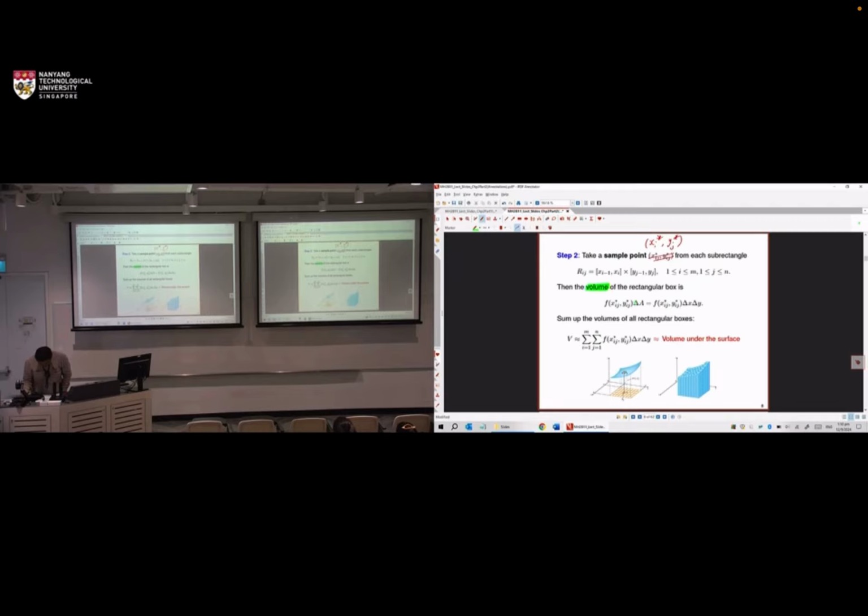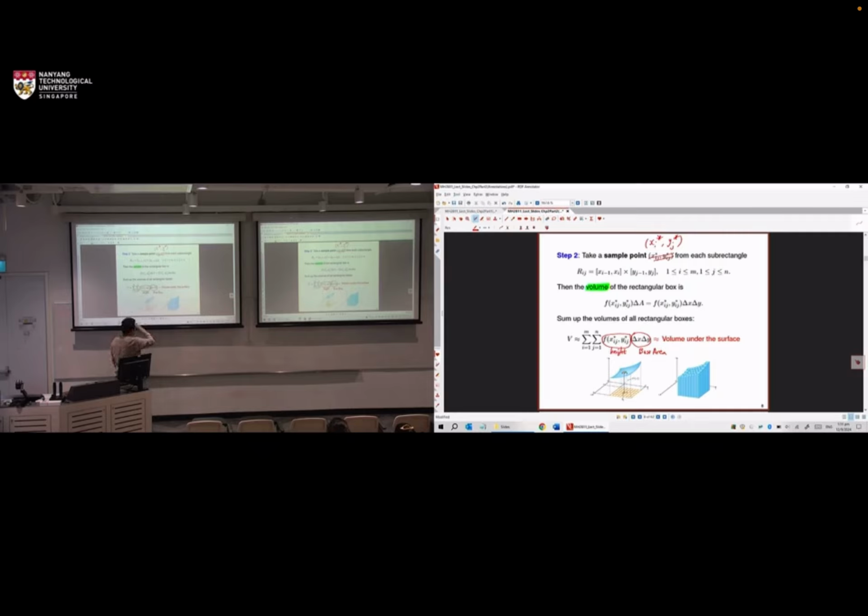You have the base area, and then this is your height. According to whatever x and y you are looking at, you substitute inside the f function. The f function is the one that always gives you the height.